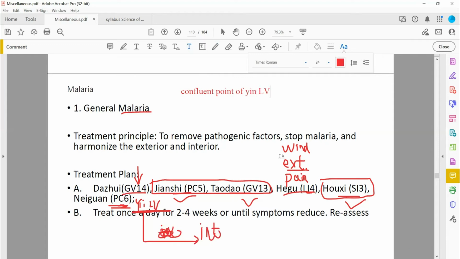PC6. P5, this one is responsible for the exterior. And yin linking is for the interior. Okay.